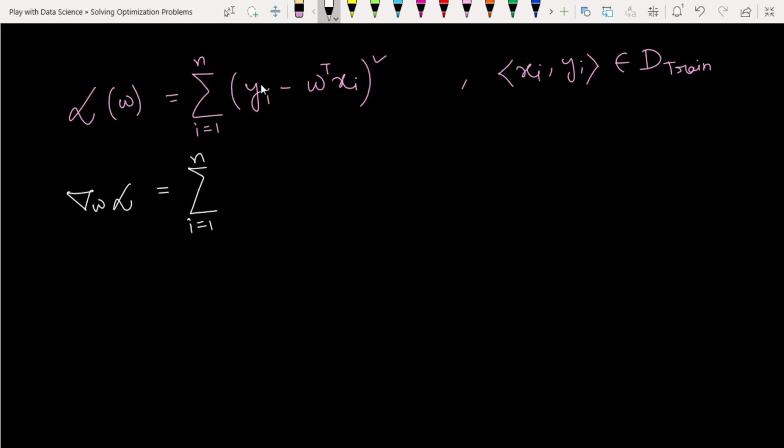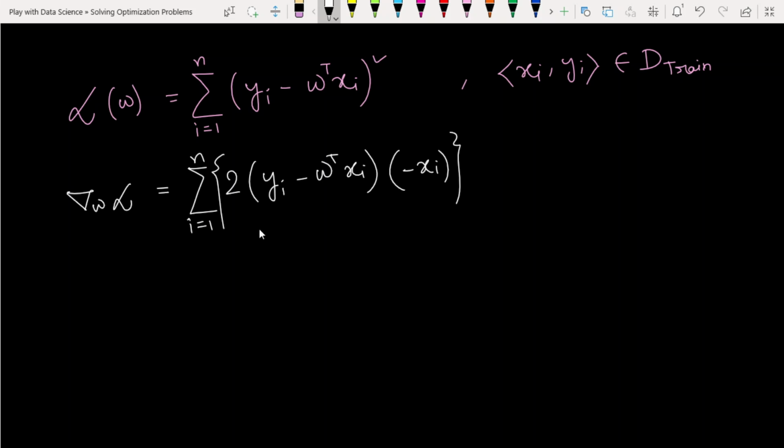First we write the derivative, then after finding it we compare it to 0 and solve it. The derivative is 2 into (yi minus W transpose xi) into minus xi. This is the simple derivative term.